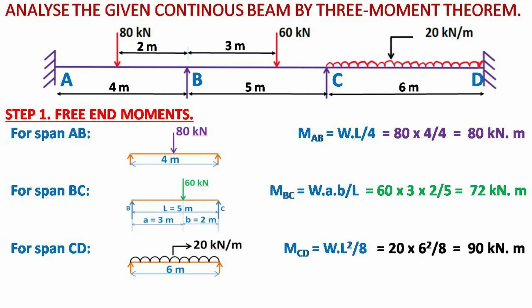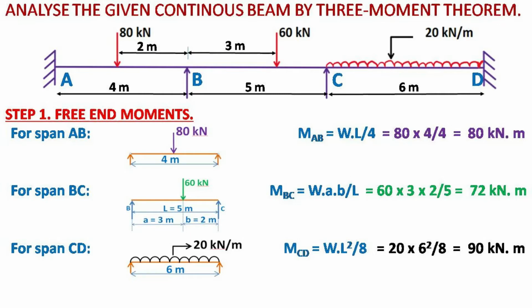In step 1 we are finding free end moments for all the three spans. Free end moment is the maximum moment calculated in the span by assuming both end supports of the span as simple supports. Span AB is loaded with a point load at its center. For this case of simply supported beam, free end moment is equal to WL by 4, that is 80 times 4 by 4, which gives MAB equals 80 kN meter.